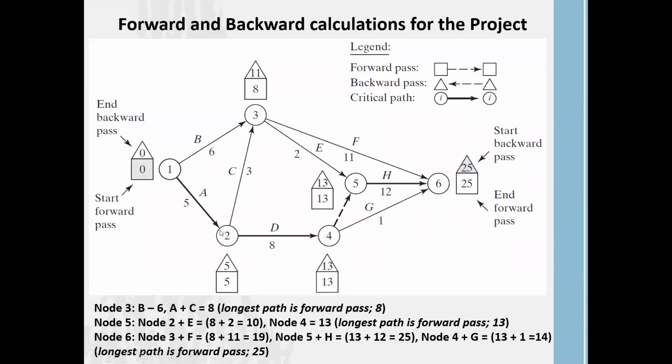Then what are the critical activities in this project? So we know node 1 is a critical task, node 2 is a critical task, node 4 is a critical task, 5 is also a critical task, and this one too. Then what are the activities? So activity A, activity D, and activity H, we can identify as critical activities.